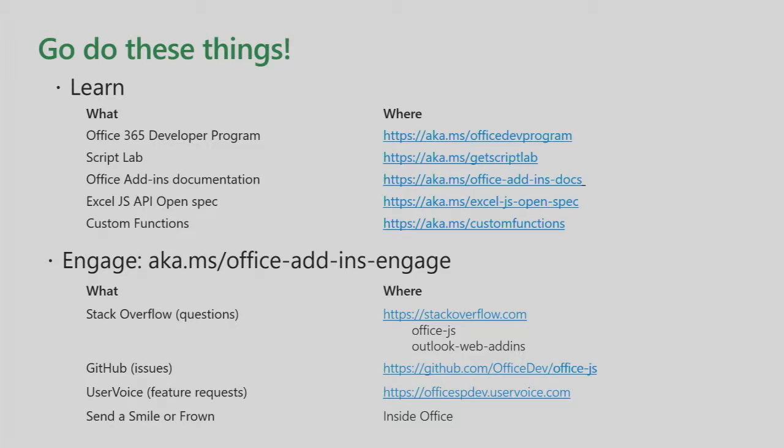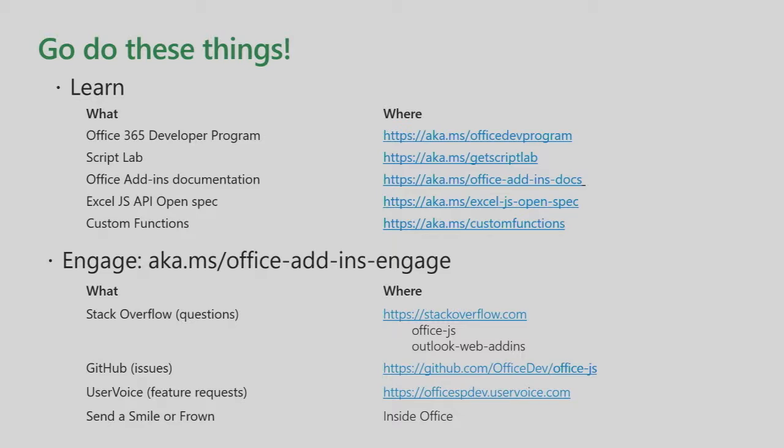So this is probably the slide that you pick your camera up for and take a picture. These are the things that we would ask you to do. The first thing you probably want to do is join the developer program, if for no other reason than it gives you an Office 365 tenant that you can use as a dev sandbox that allows you to safely test the things that you want to build.